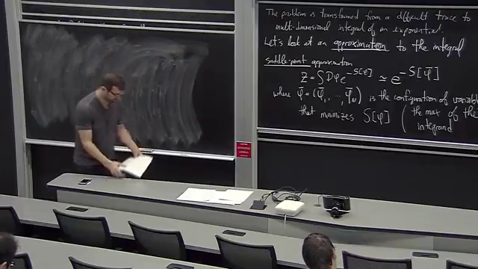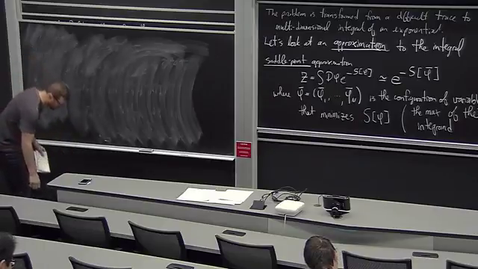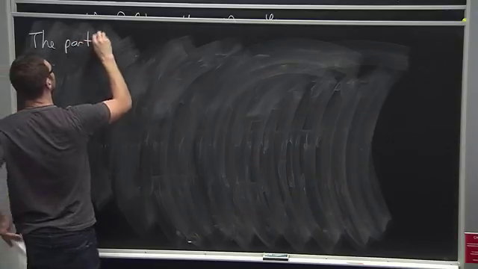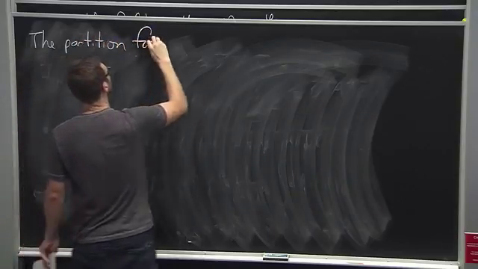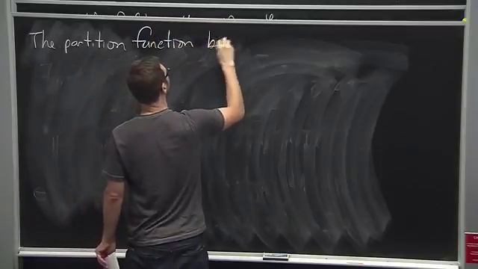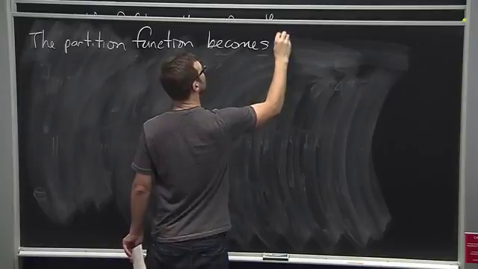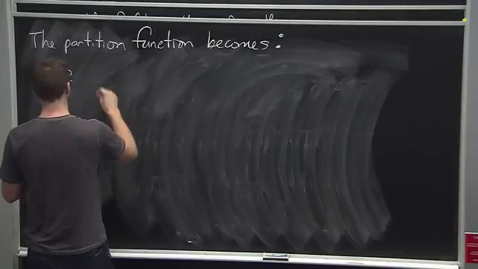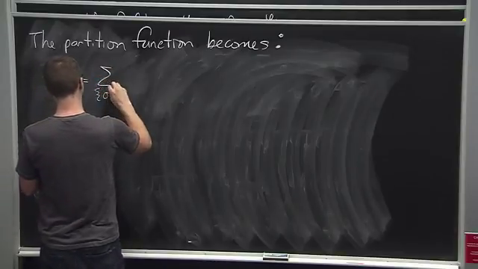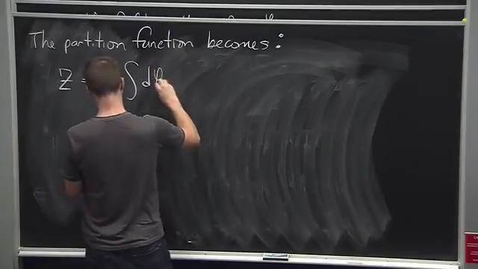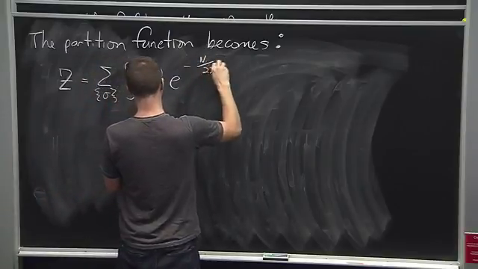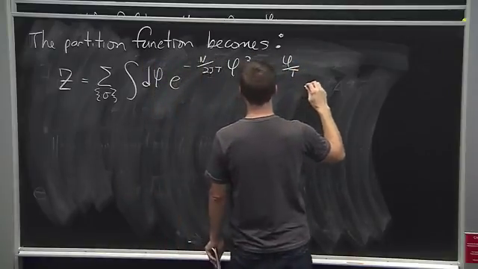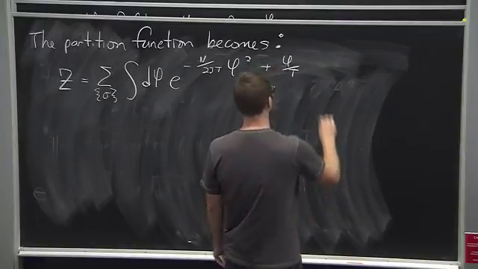Okay, so let's write that. So I have a trace, one field, and let's see. Oh yeah, sum over the variables.